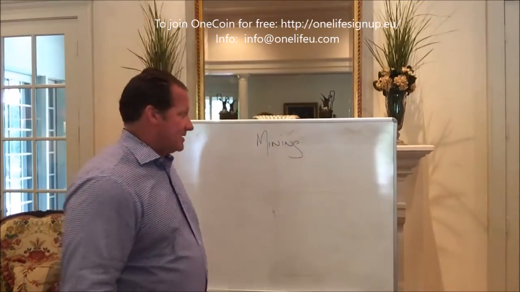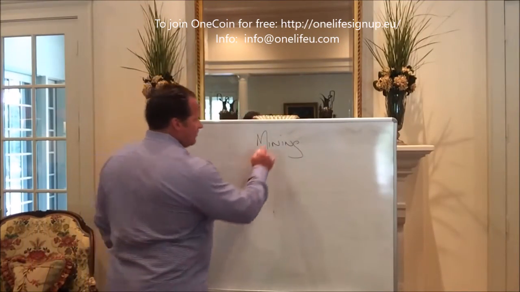That's not a reality much anymore because it's so competitive. Another way, like with OneCoin, is to use mining packages, or tokens, that are a form of energy that allow you to mine coins. That's another way you can do it, and it's a much more efficient way, by the way. I'll explain why probably in this presentation, because it's important.